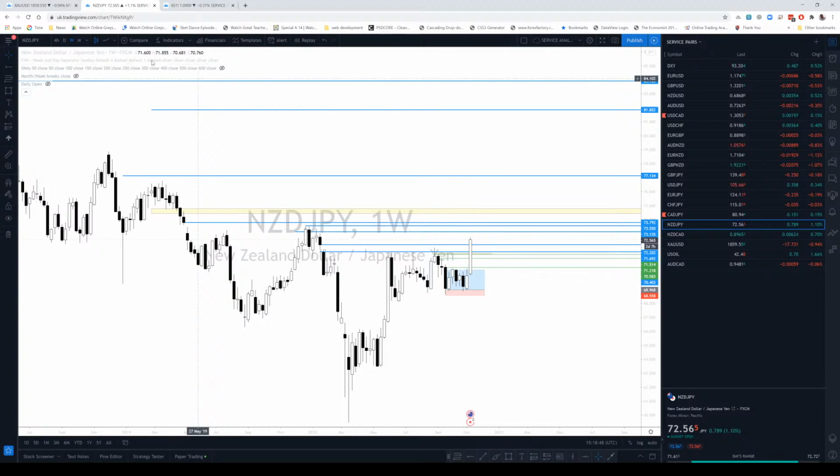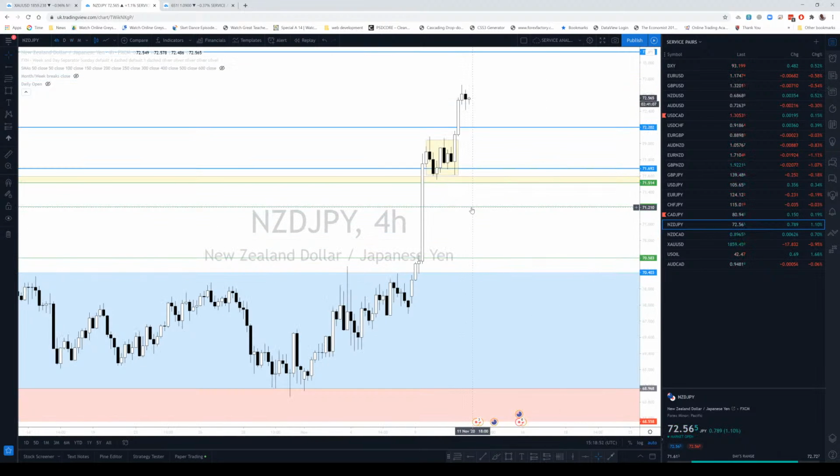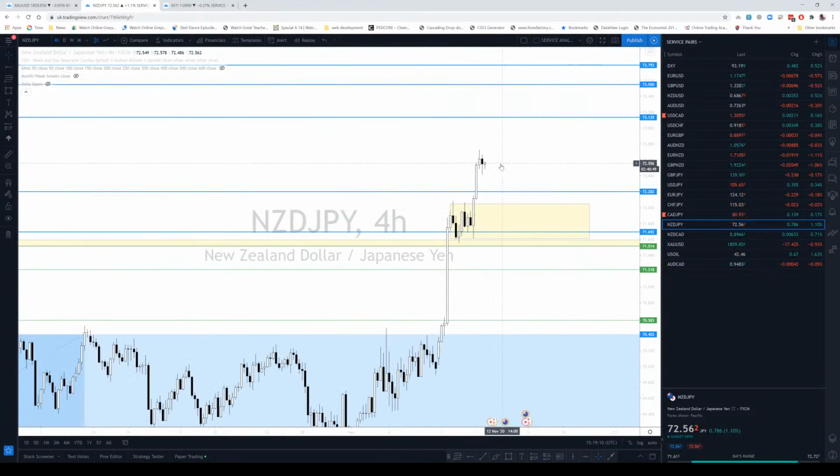Okay, any pullback you want to be in this one. All right. Let's see. If it does come down here, you could look for the buy. Okay, if it pulls back down here, then sell all your family members, especially the troublesome ones, and buy this after you've got lots of money.